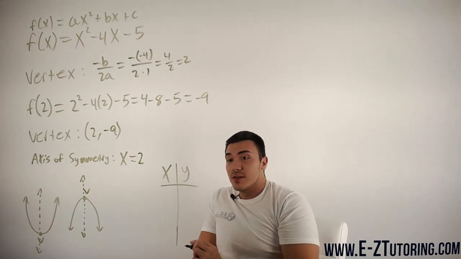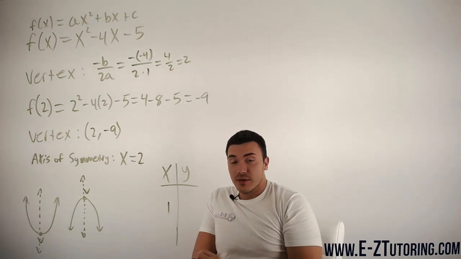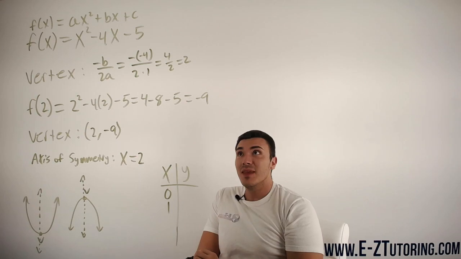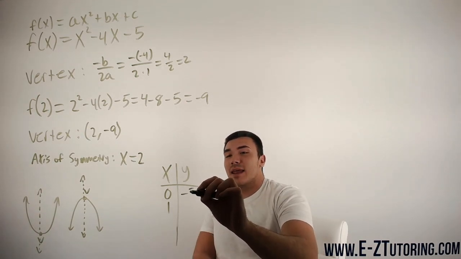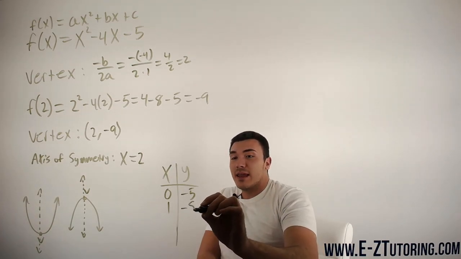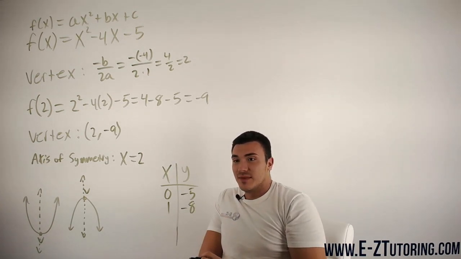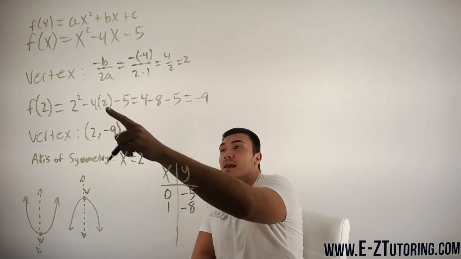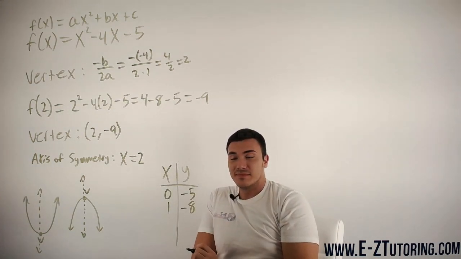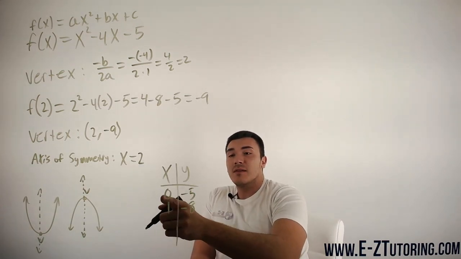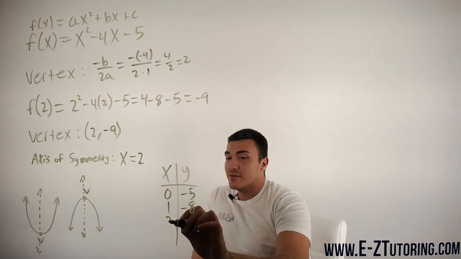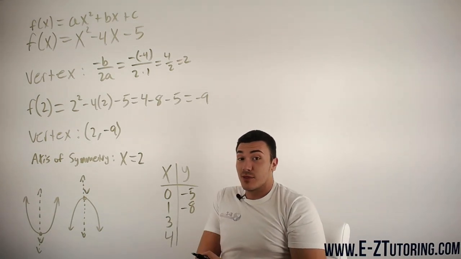So what is close to 2? 1 is close, and 0 is close as well. When we plug in a 0, we get negative 5, and when we plug in a 1, we get negative 8. And I'm plugging these values into the original function f of x. Now, I plugged in values to the left of 2. We should also plug in values to the right of 2, like 3 and 4.